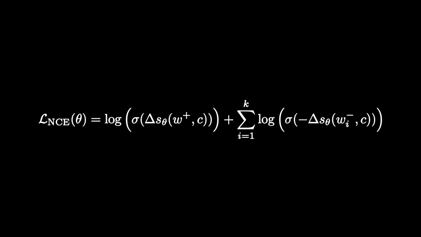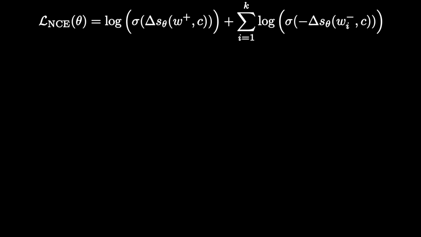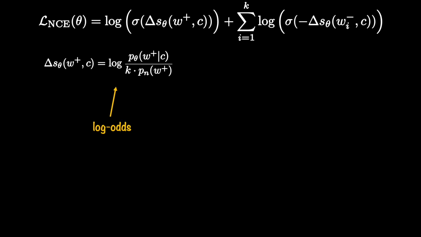And this is the noise contrastive estimation loss function in its simplest, as well as the practical form in which it is implemented. We now look at the delta score function, or the model, in a bit more detail. Since we are talking about logistic regression, it is but natural to see our score function as log odds ratio. Again, if you do not know odds ratio, it would be difficult to appreciate this. I would recommend doing a Google search on how probabilities and odds ratio are related to each other, and you would find many excellent resources.